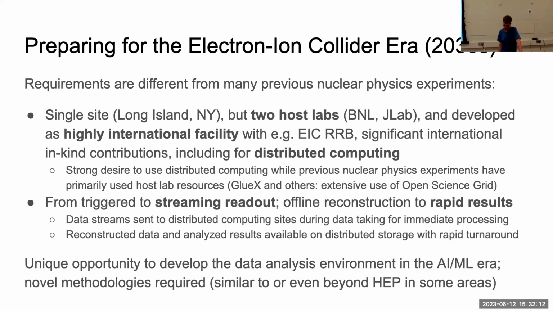So that means that, for example, data that gets taken here on Long Island is streamed right through to, for example, an Italian data processing site, and then maybe some of the data is stored there, stored in duplicate, maybe at Jefferson Lab. So everything's distributed across the world in a way that is not too different from what the LHC is already doing, but more so, and with streaming readout.